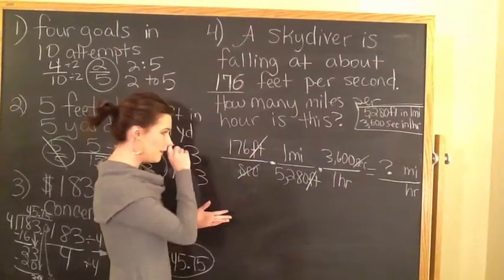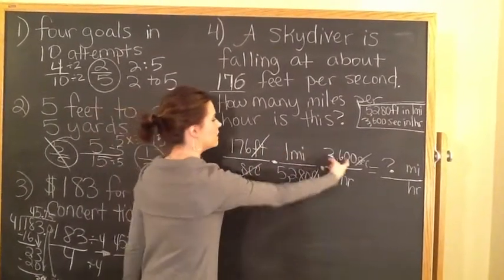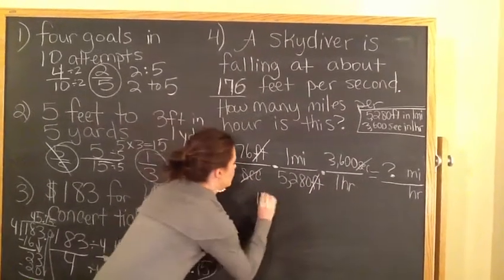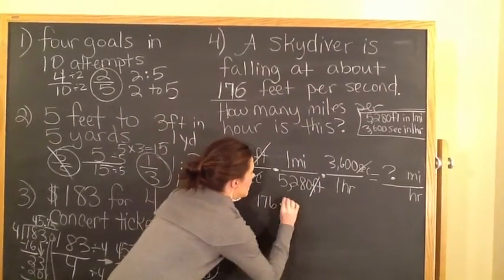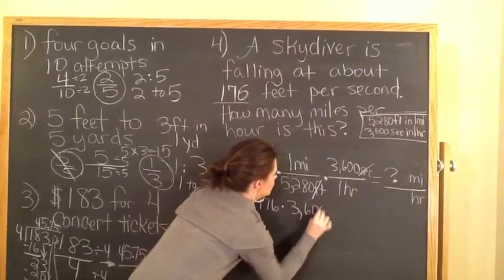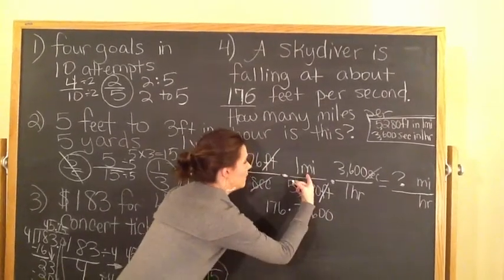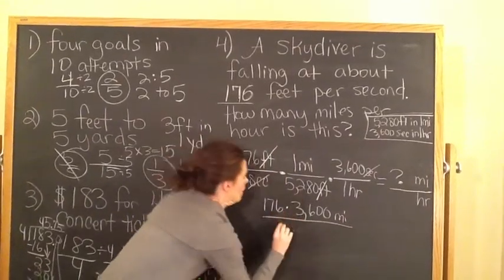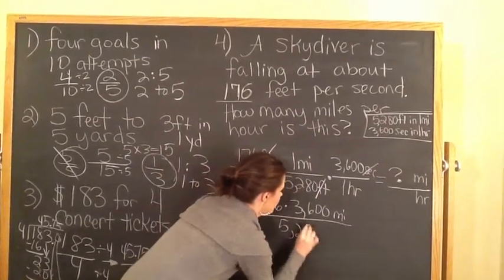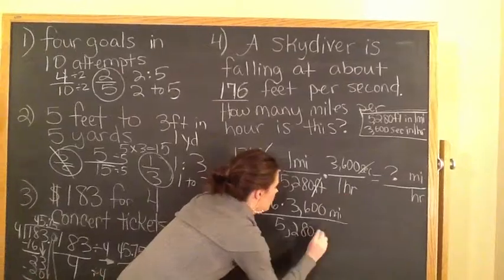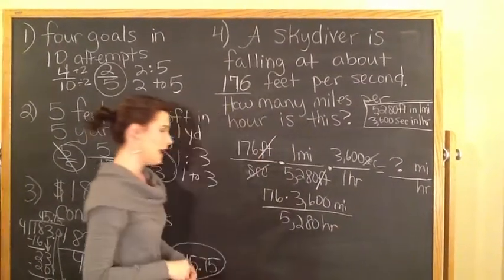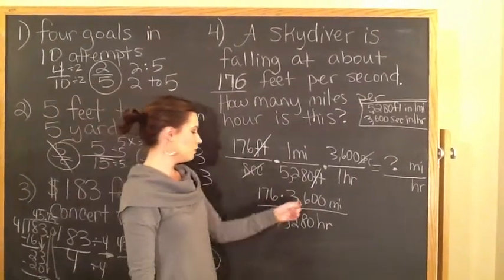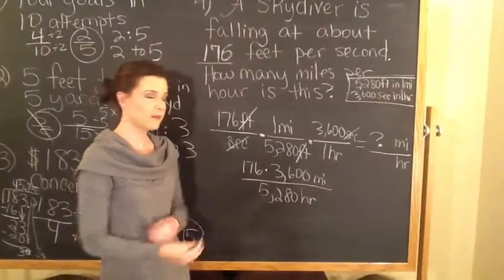So now, after we've gotten rid of all of these units, we now have 176 times 3,600, and we have miles in the units, over 5,280 hours in the denominator, okay? So now we're going to go ahead and multiply and then divide.